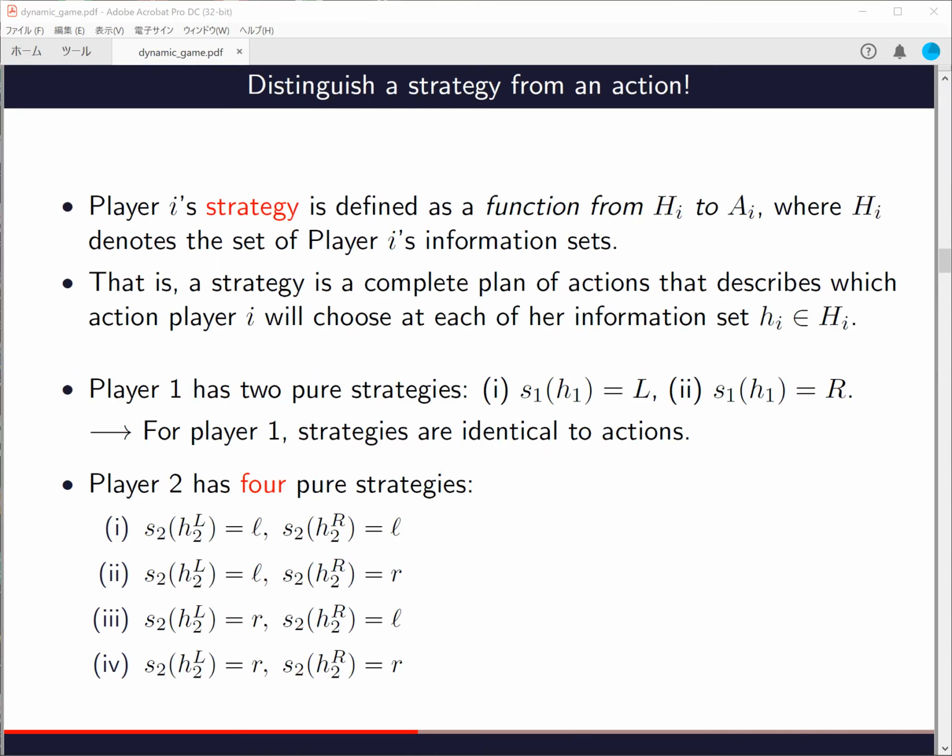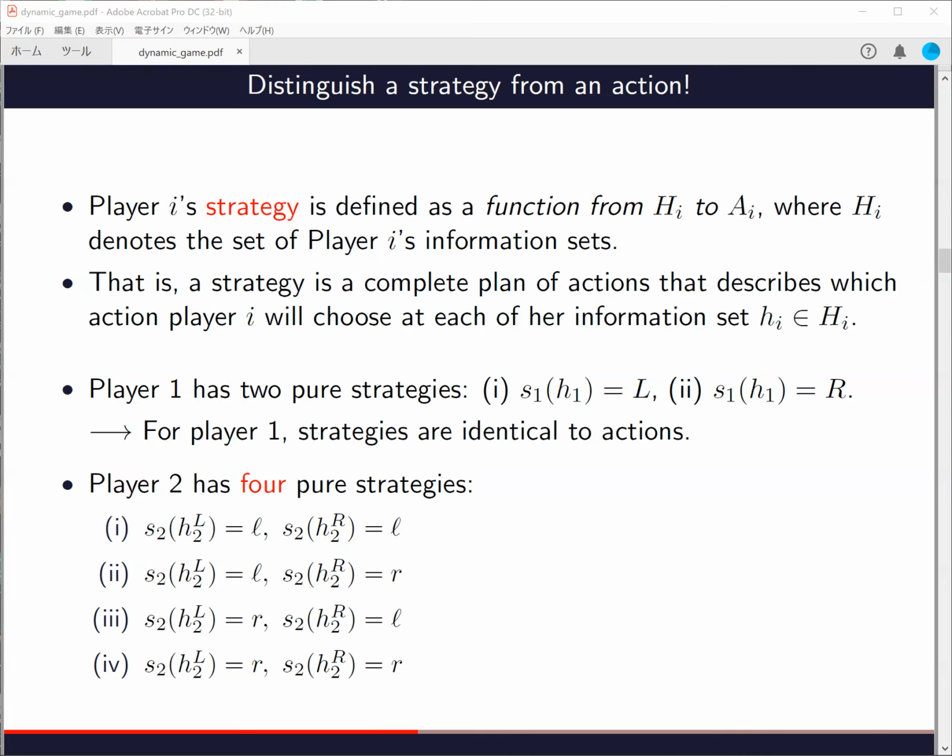For example, player 1 in the previous example had only one information set denoted by H1. And so the pure strategy of player 1 in this extensive form game is written as S1 of H1, which can be either action capital L or capital R. And so for player 1, the strategies are identical to actions in this case.